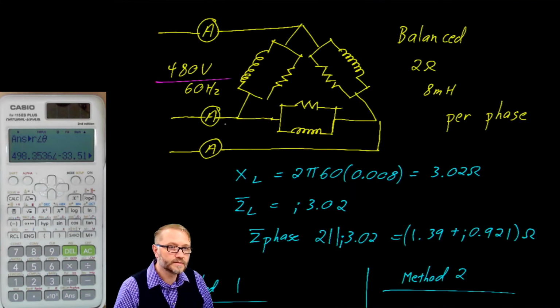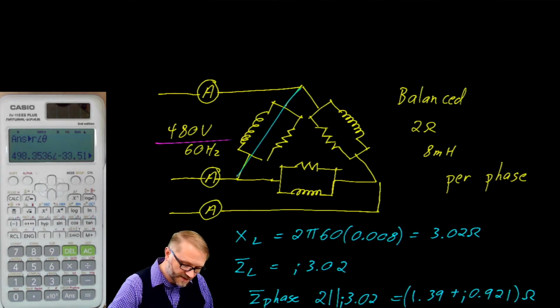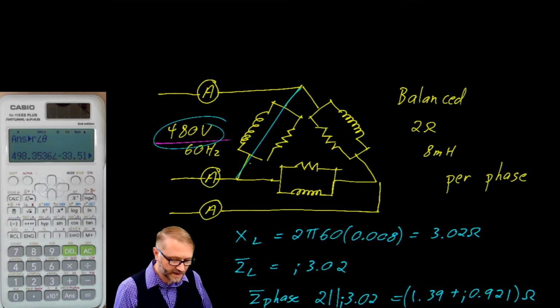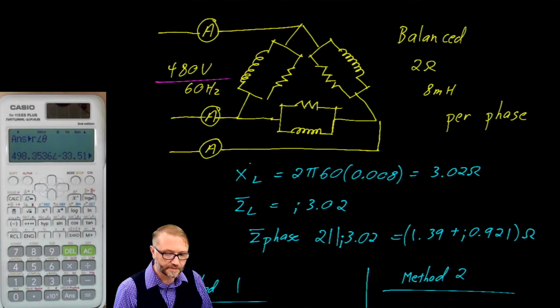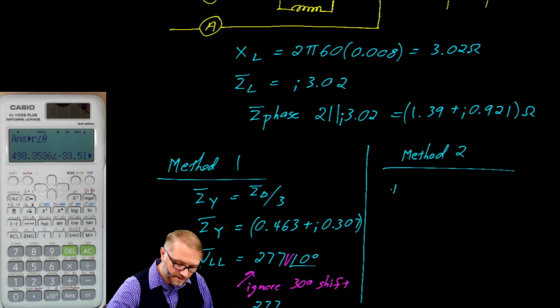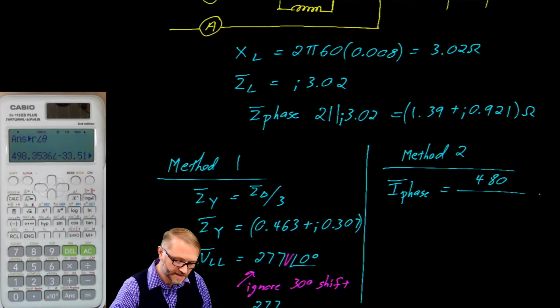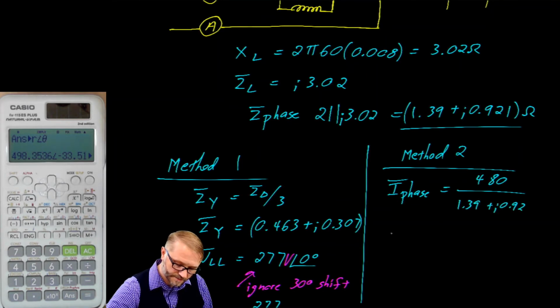Method number 2 would have us solve for this current directly, knowing that there's 480 volts across a phase. So the current in a phase is equal to 480 volts divided by the impedance of that phase, which I believe is right here. So 1.39 plus j 0.92.